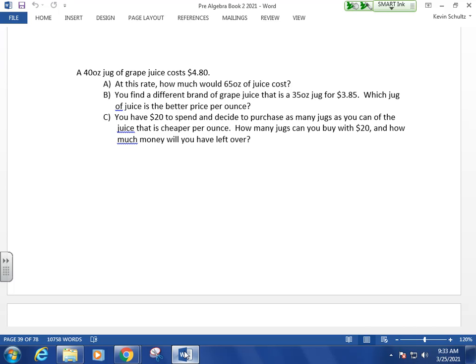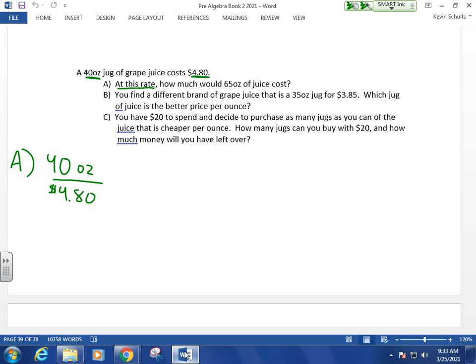This is a really great opportunity to set up a proportion, okay? Because you know the relationship between the first jug, 40 ounces for $4.80, and you want to know how much a different jug of juice will cost that is 65 ounces. And you know the rates are equivalent because it does say at this rate.